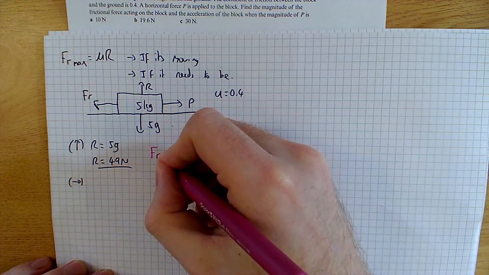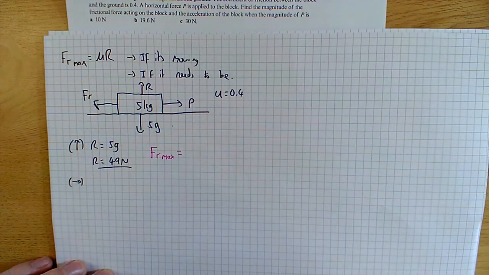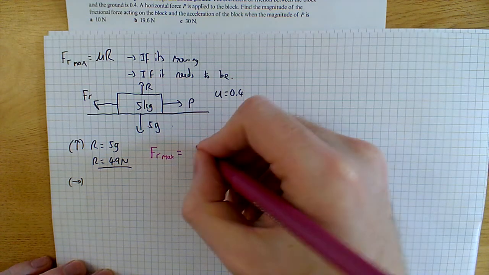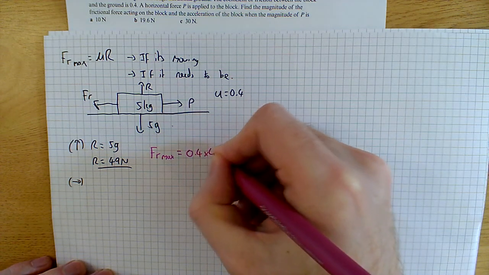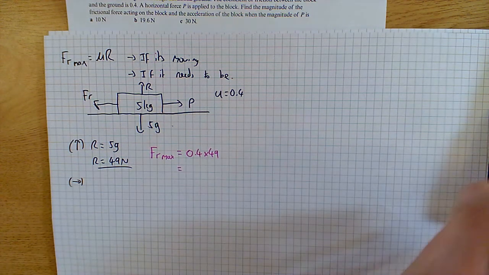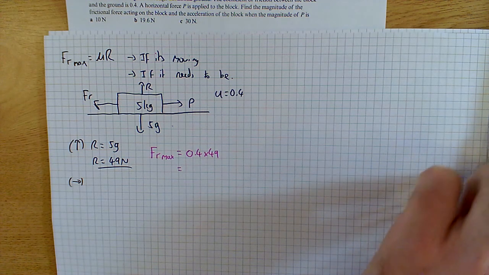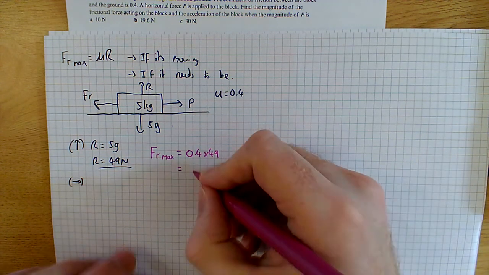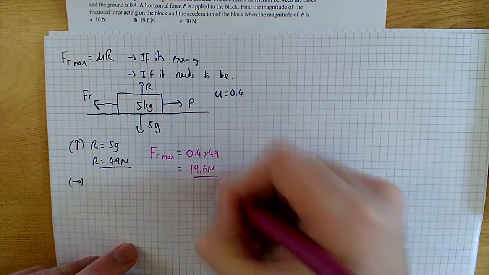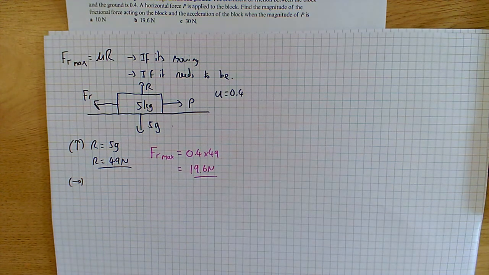So the maximum possible value of friction is going to be 0.4 times 49. This tells us that the maximum possible value is 19.6 newtons.